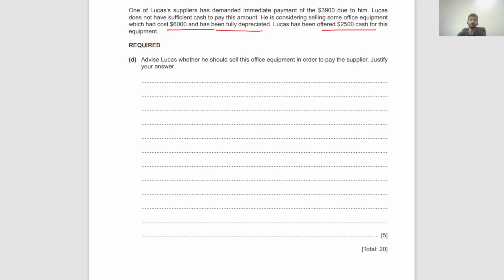So we can look at it from two perspectives. Sell, right? Some points supporting the selling and some points against selling. Points supporting selling would be, well, we can say money will be raised for payment.